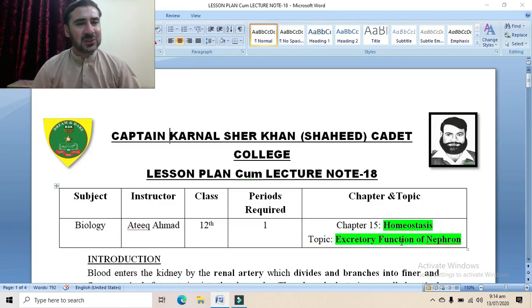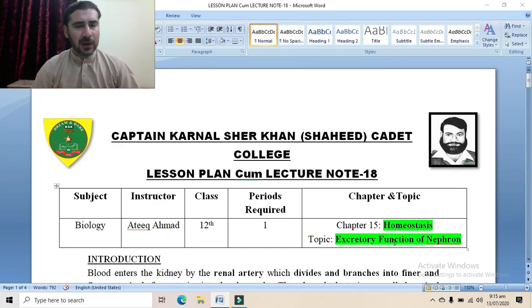Today we are going to study the urine formation process. During the previous lecture, we started the broad topic, the excretory function of the nephron. We divided this broad topic into two parts.